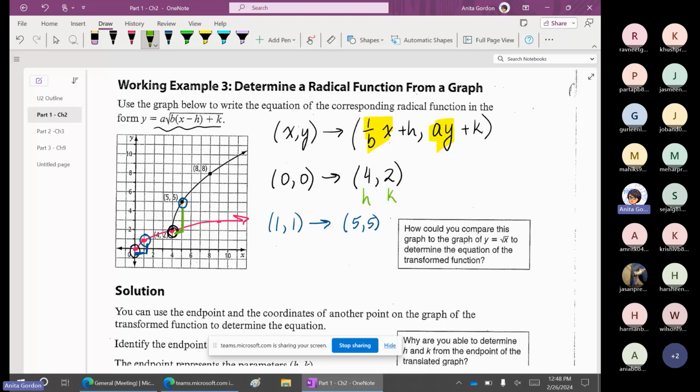If it is, then I don't have a horizontal expansion or compression. I only have a vertical one. Now, on the other hand, if I said I'm going to graph, let's say (9, 3) to (5, 5), what's the difference? Well, from my original, it was the length of 9 and a height of 3.